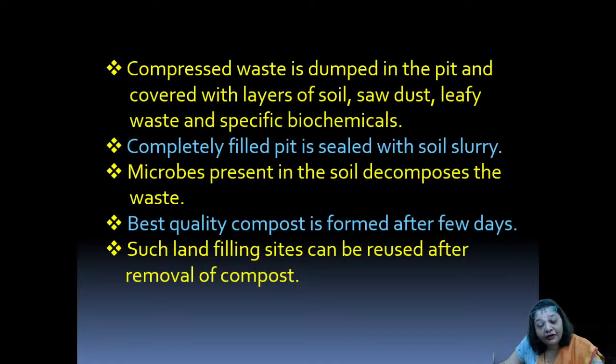These completely filled pits are actually sealed with soil slurry. What is soil slurry? Nothing but a mixture of soil with water. A liquidy substance is prepared and it is poured on the completely filled pits and sealed, right?